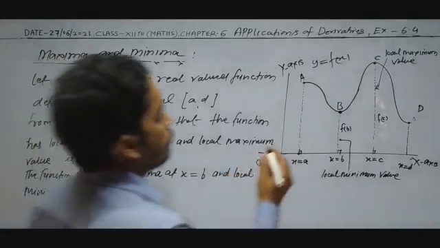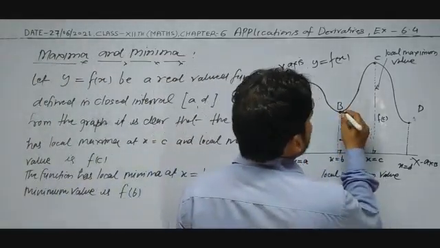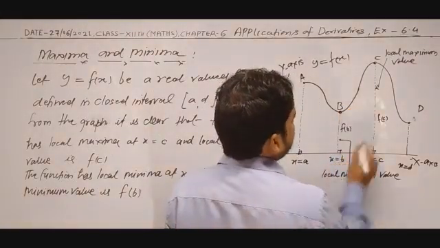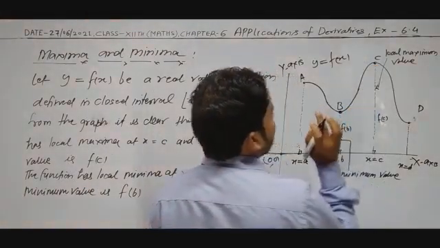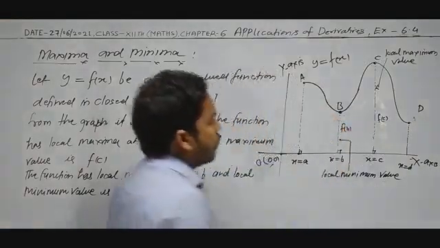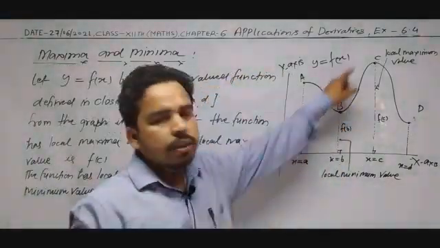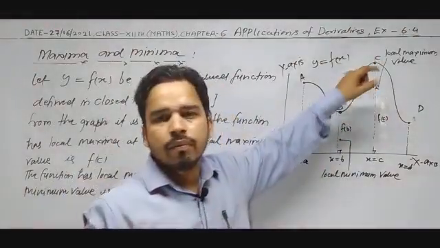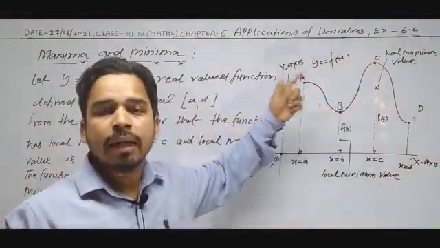And from this graph, this is local minima, this is local maxima, and these are the points on the curve where the function attains the maximum or minimum value.